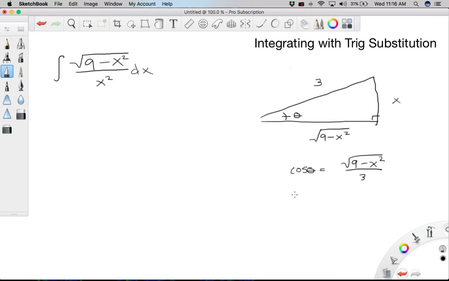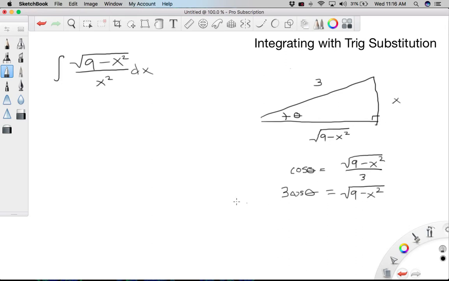Okay, then if we multiply both sides by 3, wow, we will find out that 3 cosine of theta is equal to square root 9 minus x squared. Okay, so this is the first part of our substitution. The top of our fraction is now going to say 3 cosine theta instead of square root 9 minus x squared.